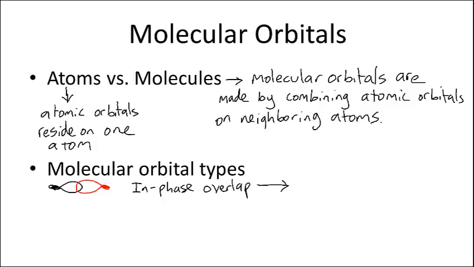So when you have in phase overlap, this creates what we call a bonding orbital. And by the way, I'll use the abbreviation MO for molecular orbitals. It's called MO theory. So this would make a bonding MO.